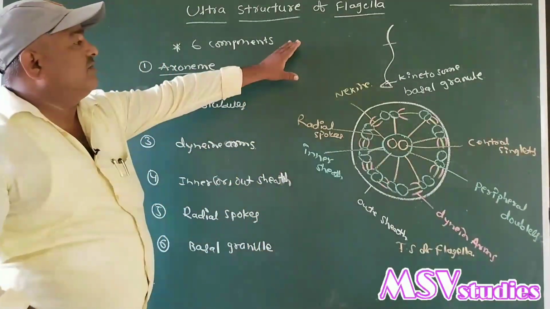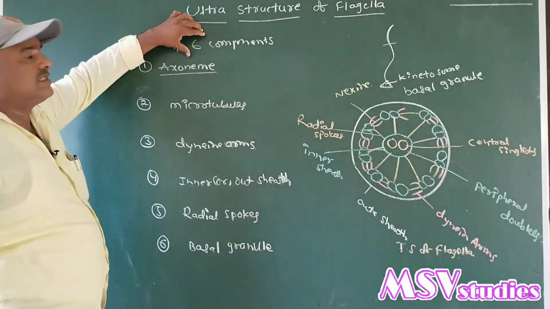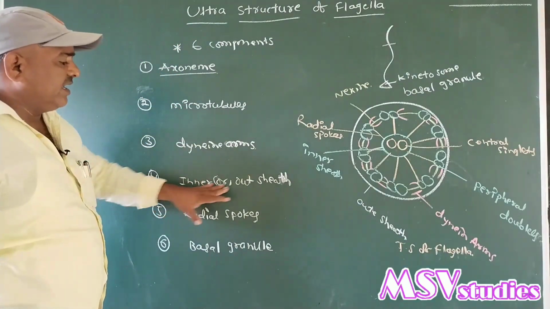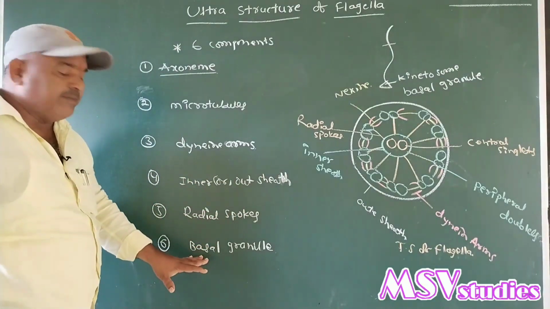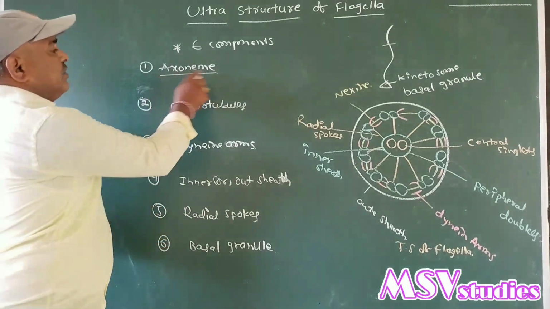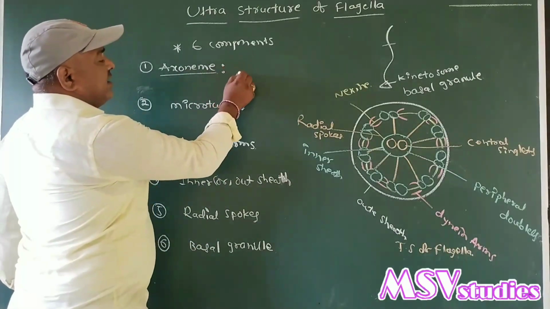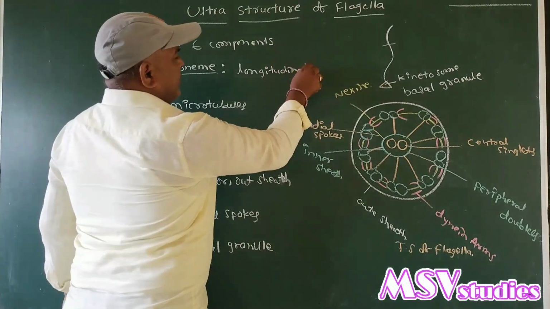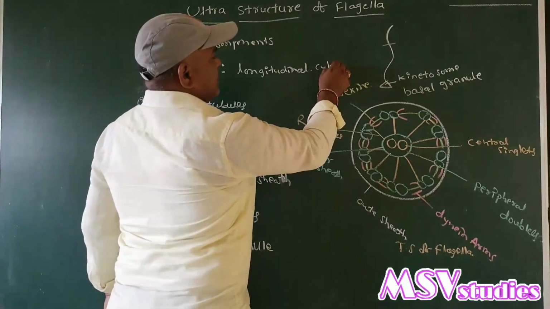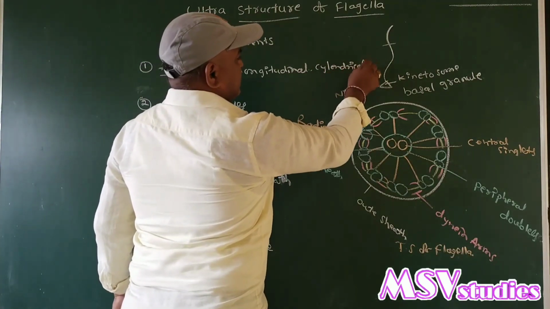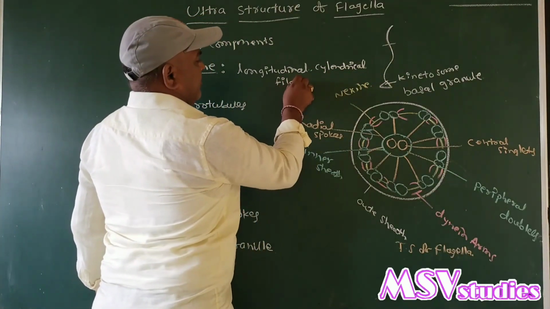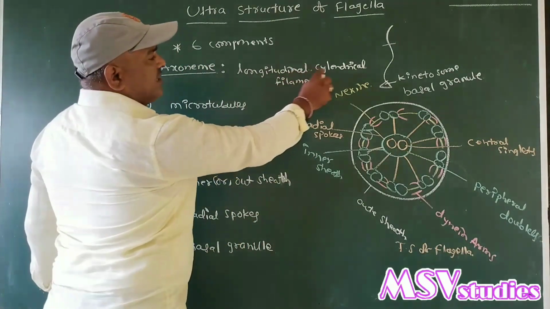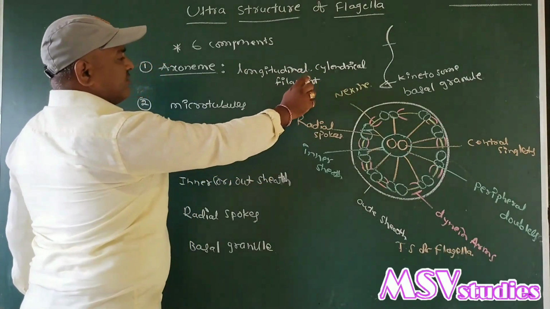The flagella consists of 6 components. They are axoneme, microtubules, dynein arms, inner and outer sheath, radial spokes and basal granulae. So first of all, axoneme. Axoneme is a longitudinal cylindrical filament-like structure.